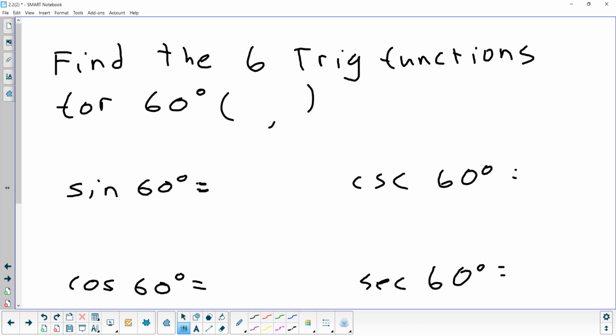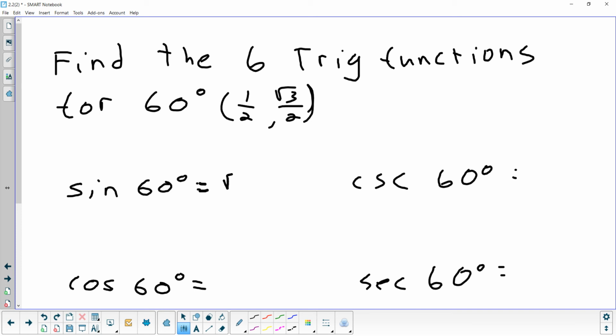So what's my coordinate for 60, Dom? The x is 1/2. Yep. And then the y is square root of 3 over 2. Since the x and the y switch places, we're going to see a lot of the same answers because they're the same numbers. They just switched.